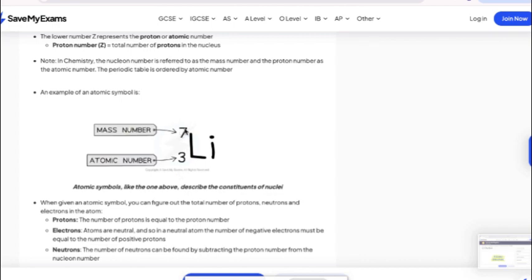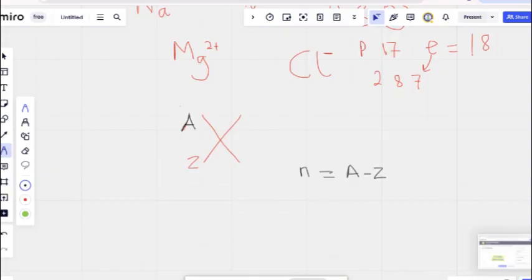In some texts it's written like this, in some texts like this, so don't get confused about which one is the proton number.